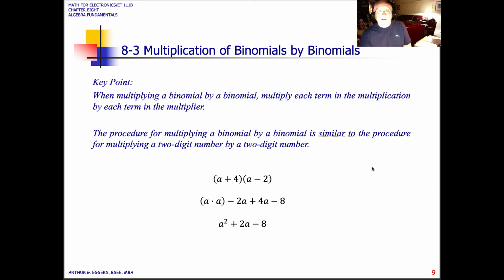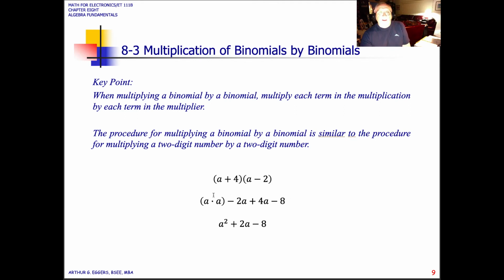So in this case, I'm going to take a times a, and then a times minus 2, and then the second term, 4 times a, and then 4 times minus 2. When I do that, I get a squared minus 2a plus 4a minus 8.